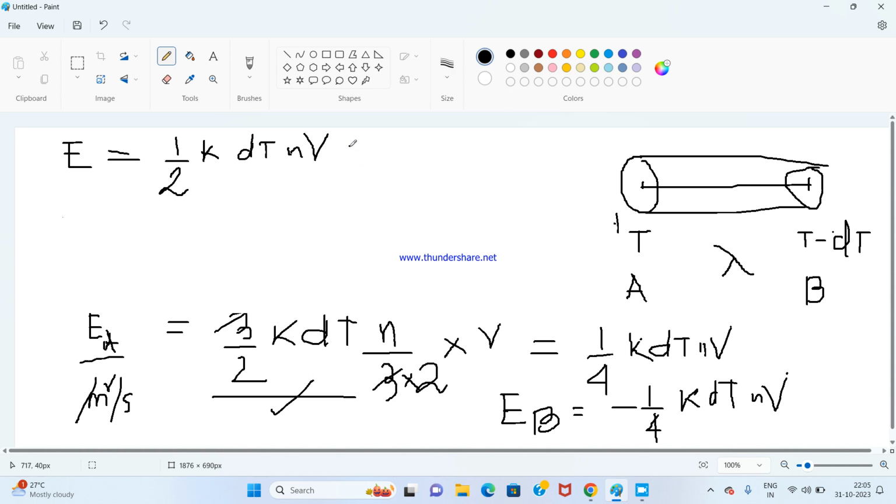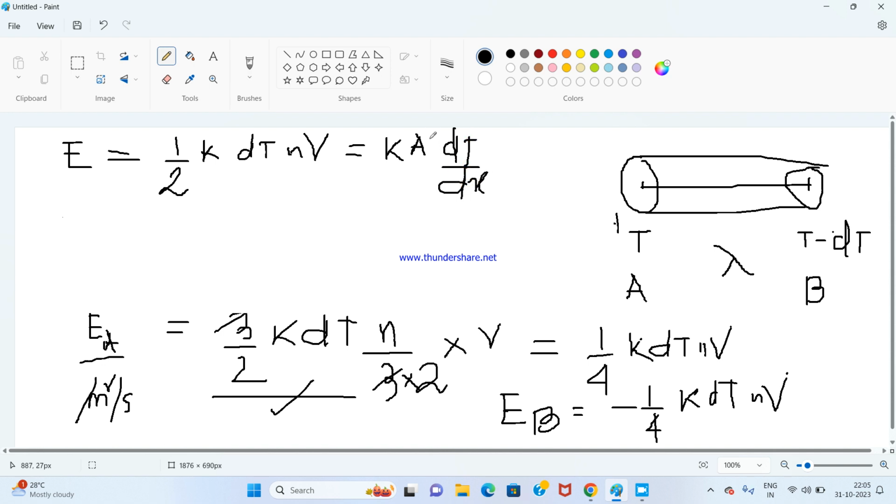Now this energy is the thermal energy. So that thermal energy can be written because it is happening due to thermal conduction. So now if you write the thermal law, Fourier's law of thermal conduction, that we know is K A dt by dx.